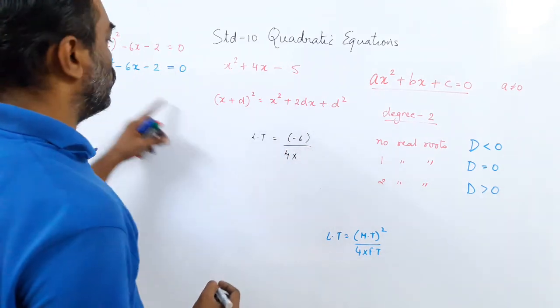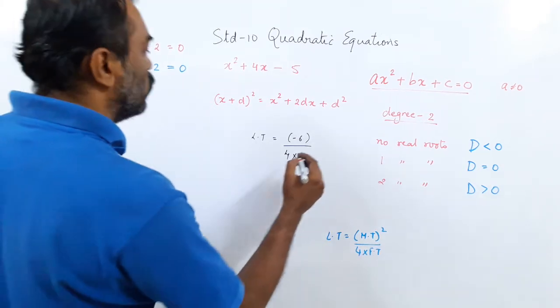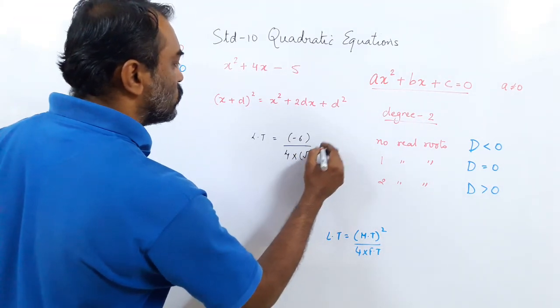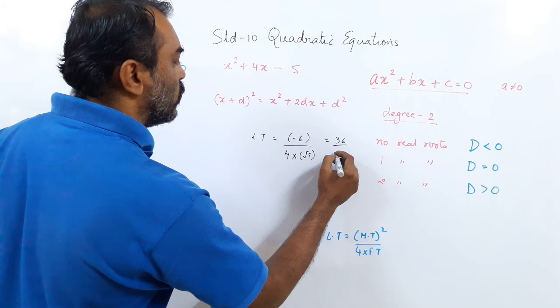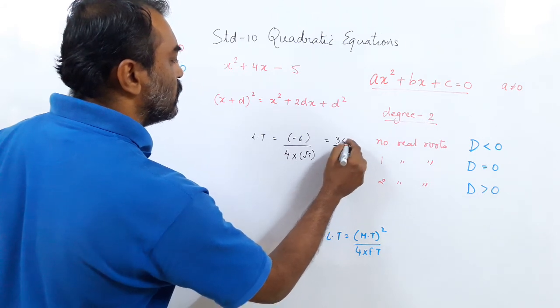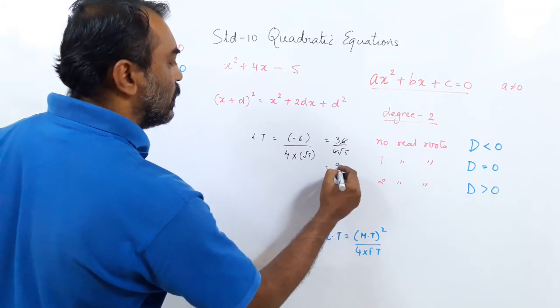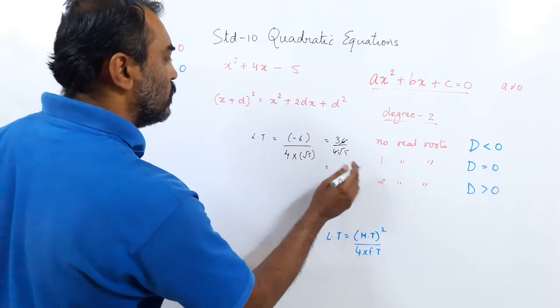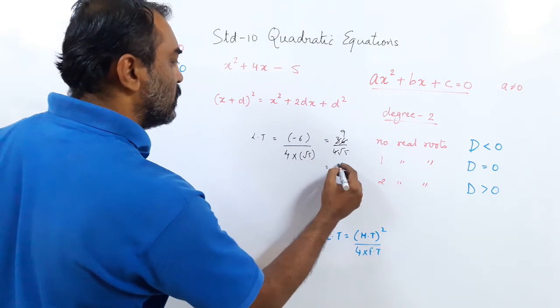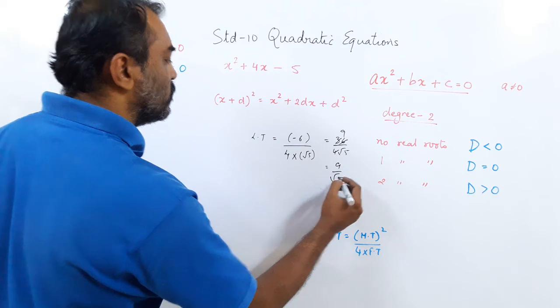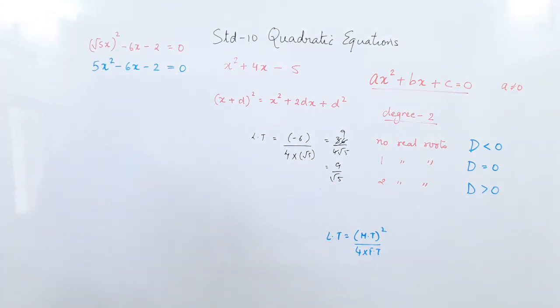What is the first term? First term is root 5. So I get 36 upon 4 root 5, or 9 upon root 5. So this is what I get, 9 upon root 5.